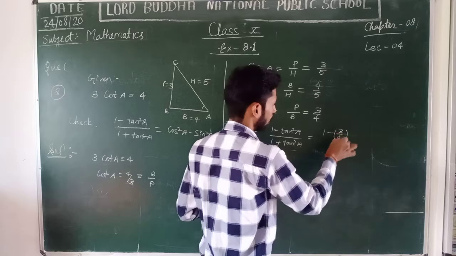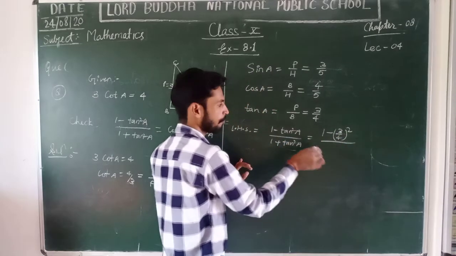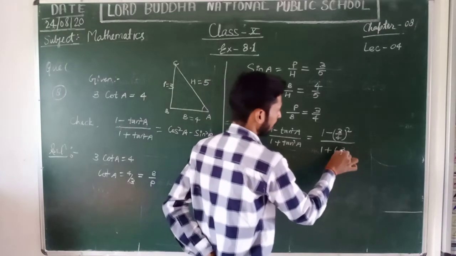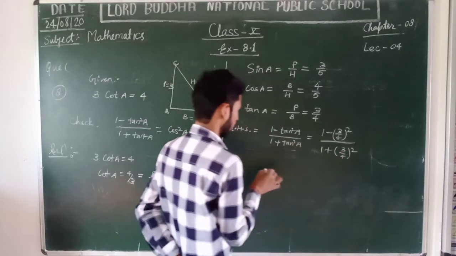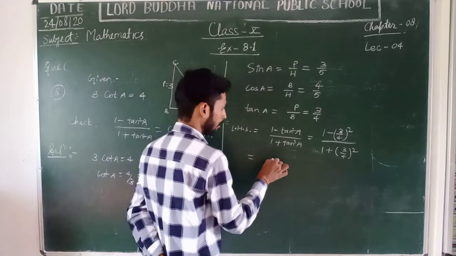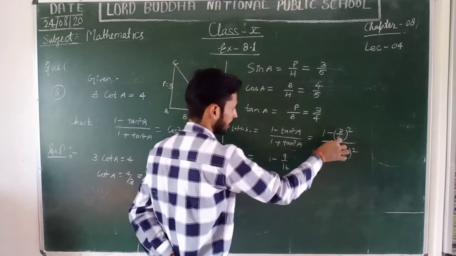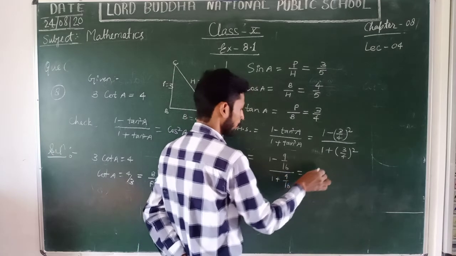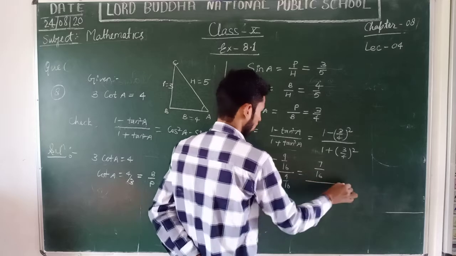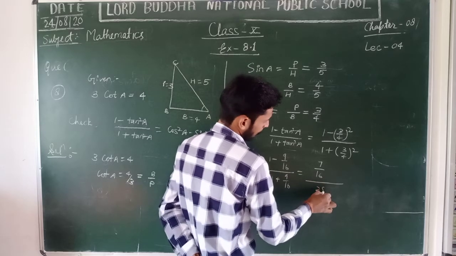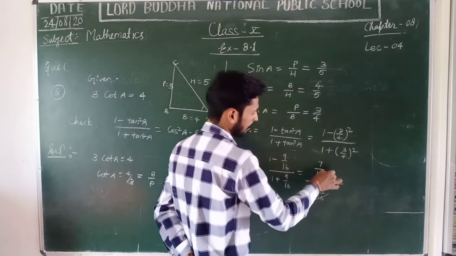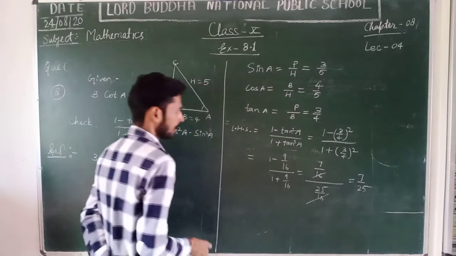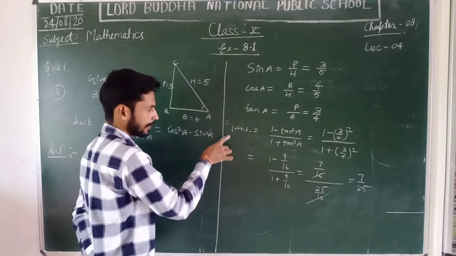So write here 1 minus 3 by 4 square, because here is the square, upon 1 plus 3 by 4 square, equals 1 minus 9 by 16 upon 1 plus 9 upon 16, that is equal to 7 upon 16 whole upon 25 upon 16. So 16 will be cancelled by 16 and the answer is 7 upon 25. This is the value for the left hand side.